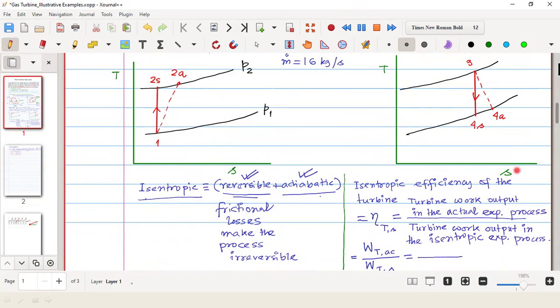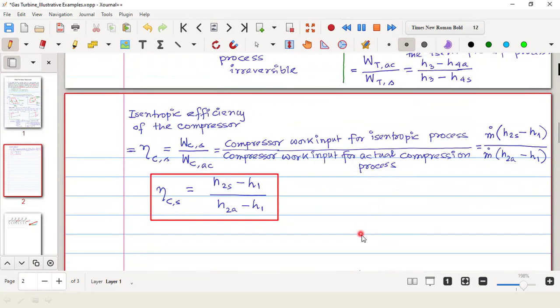Cancelling the mass flow rate, it is H3 minus H4A divided by H3 minus H4S. Okay, another thing we have to keep in mind is that these are basically ideal gas.